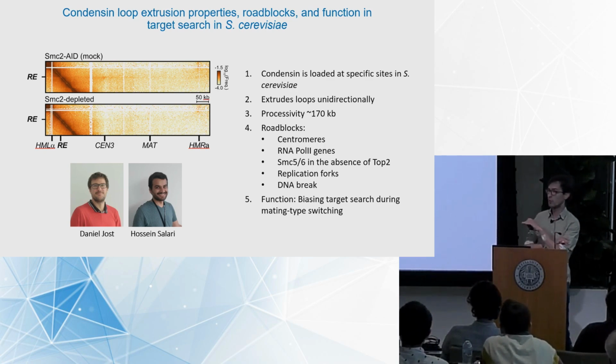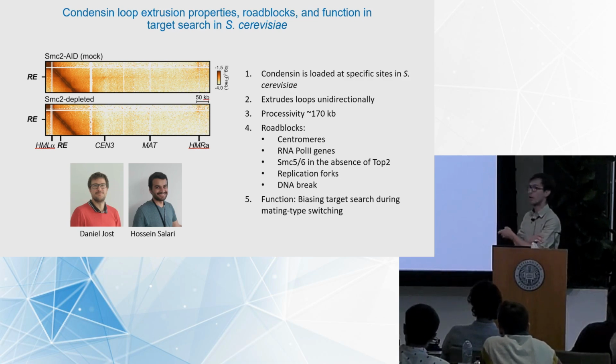This is great because it allows you to study basic properties of loop extrusion by condensin in cells. I'm just summarizing here, for anybody interested in condensin who wants to talk with me, that it really extrudes loops unidirectionally with that processivity. We identified a bunch of roadblocks, some of which were actually pretty unexpected.